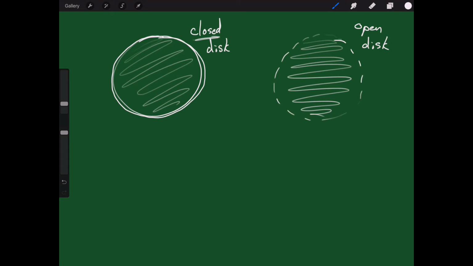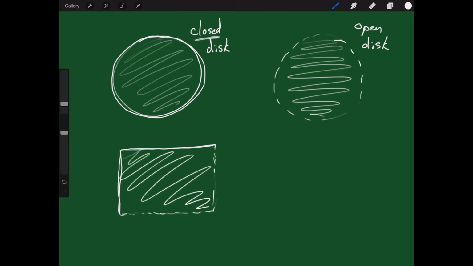Now, this can be a little bit complicated when it comes to more interesting sets. Let's say I have the following set. It looks like a rectangle, but on 2 of its sides it contains its boundary, and on 2 of its sides it does not, and it contains the interior points. Is this an open set or a closed set? Well, if it was closed, it would contain all of its boundary, so it's not closed.